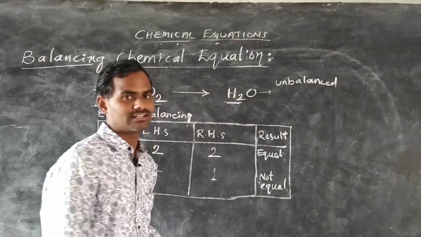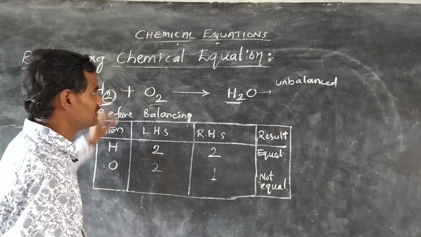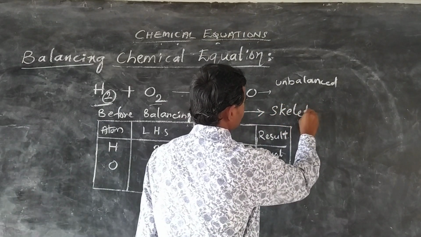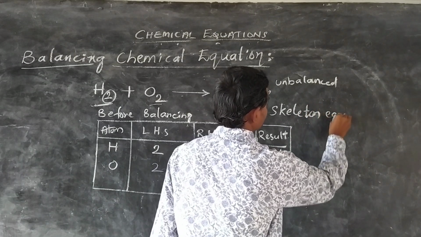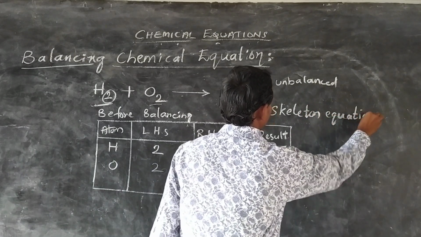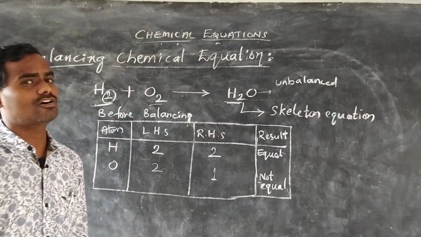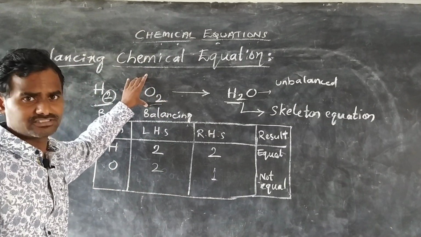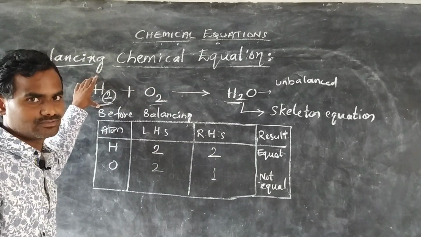This type of equation is called a skeleton equation. The equation which is not balanced is called a skeleton equation. It just shows the reaction.